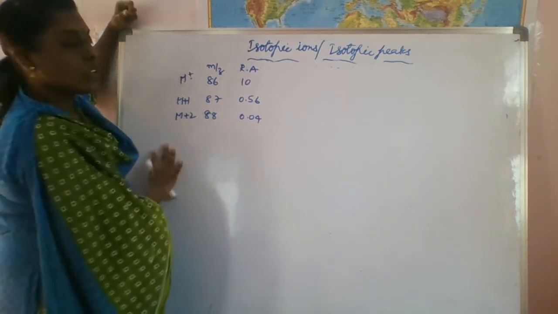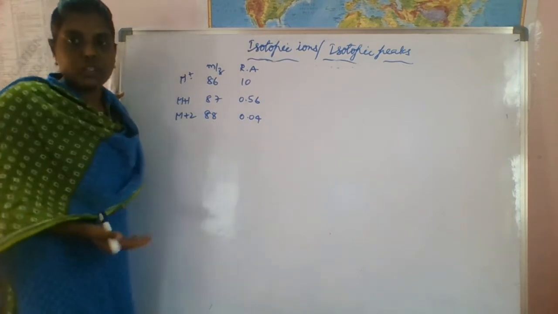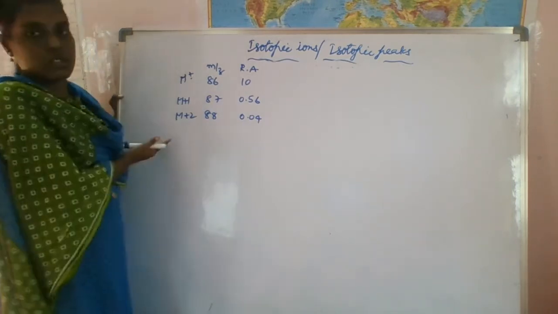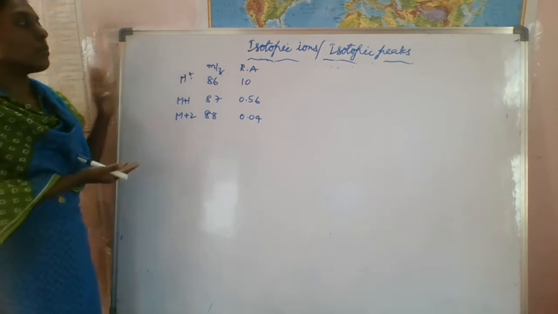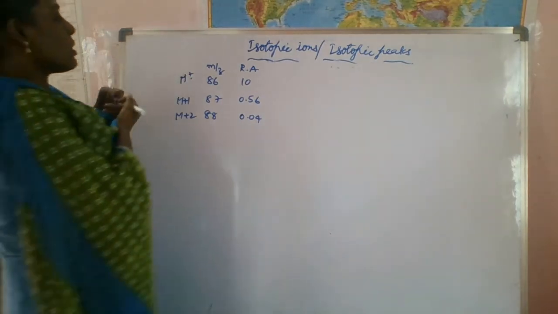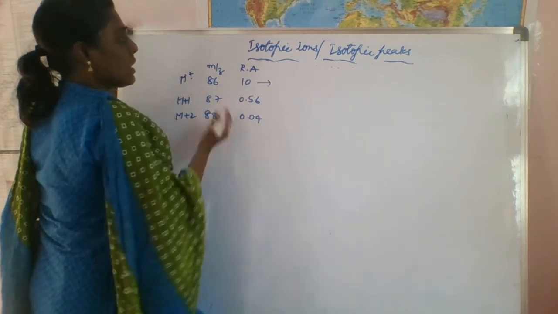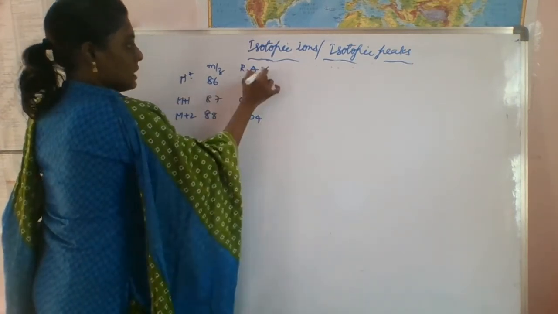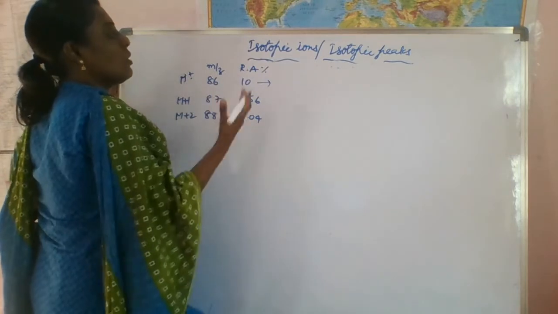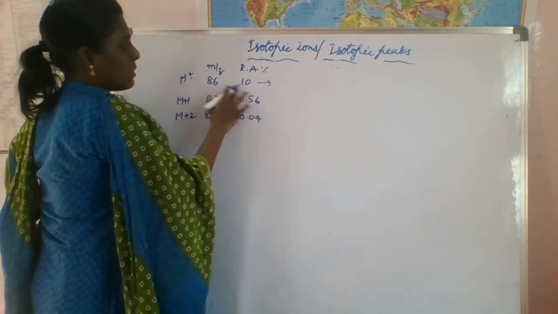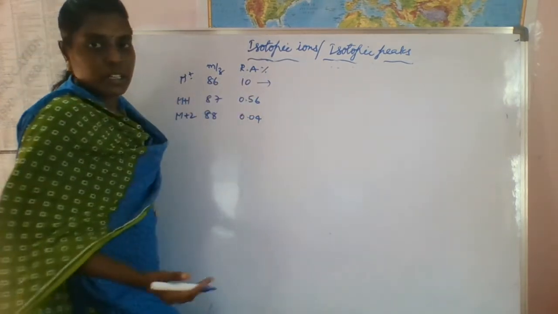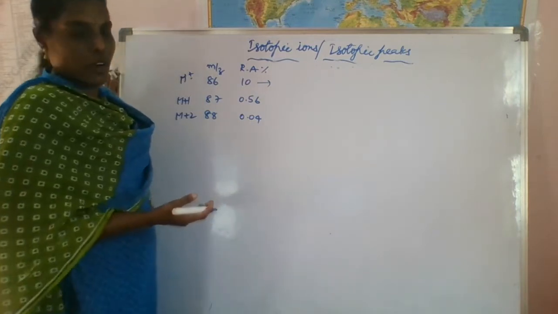We have to determine which molecule it is using this data. First, it is not 100%, it is only 10%, so we have to increase its intensity to 100% using that formula.